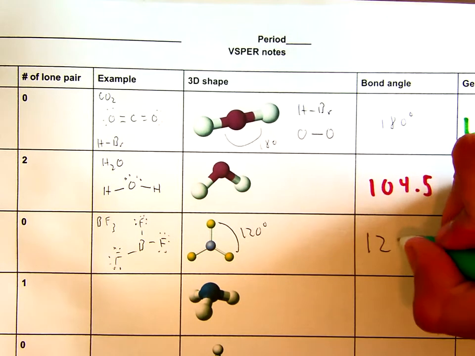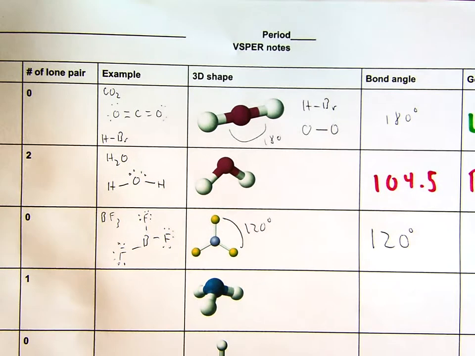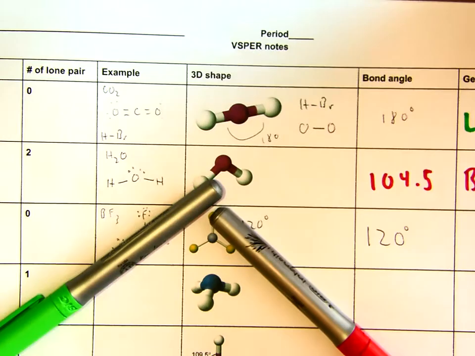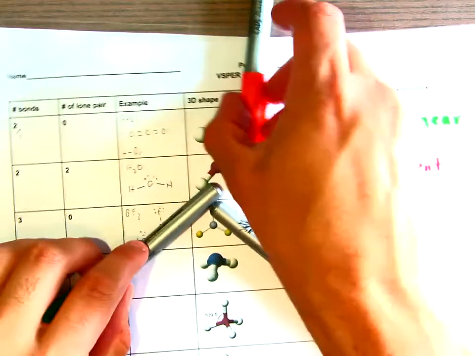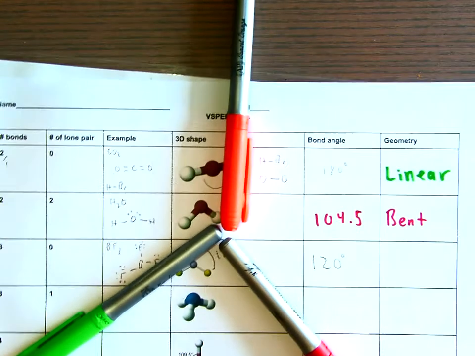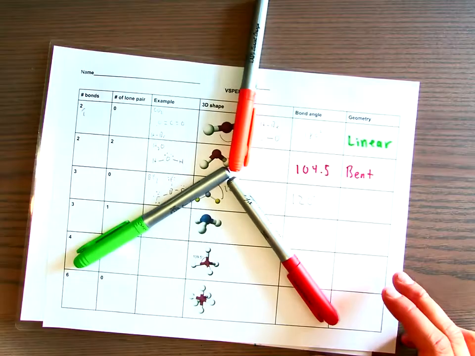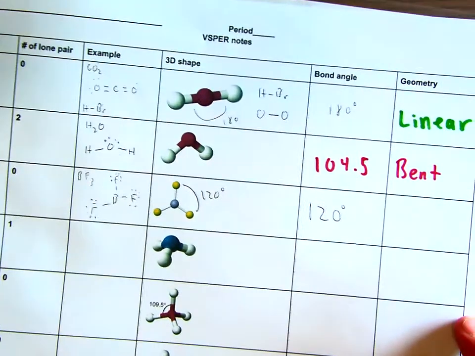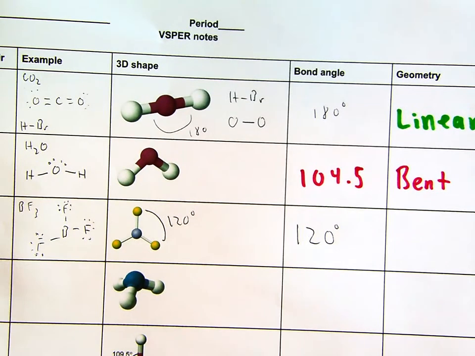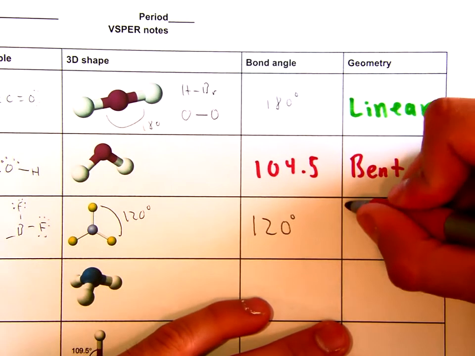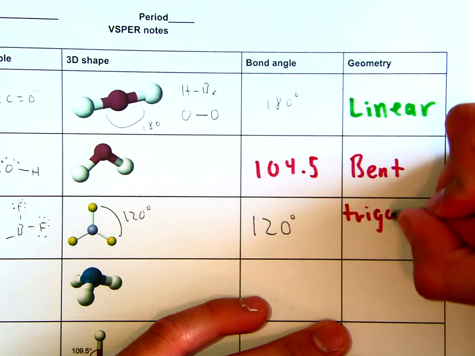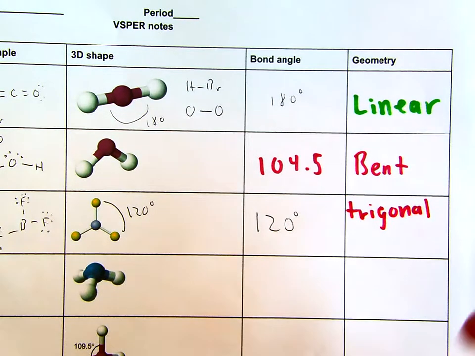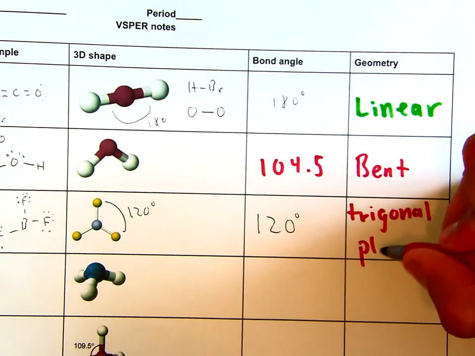In 3D, this is still on one single plane, so the molecular shape would look something like that. Since we have 3 bonds, we call that trigonal to represent the 3 regions, and because it's in a single plane, we call it trigonal planar.